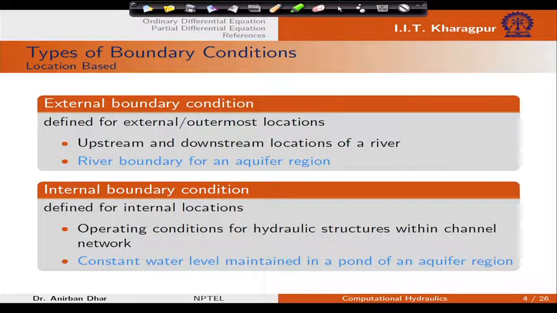A constant water level maintained in a pond in an aquifer region is also an internal boundary condition. If the pond is situated in the central portion of the aquifer region, then we can consider it as an internal boundary condition.